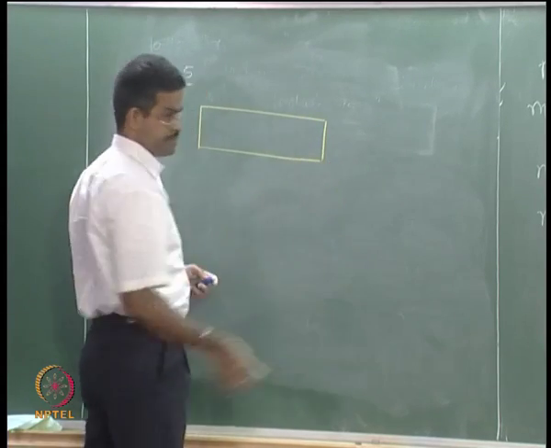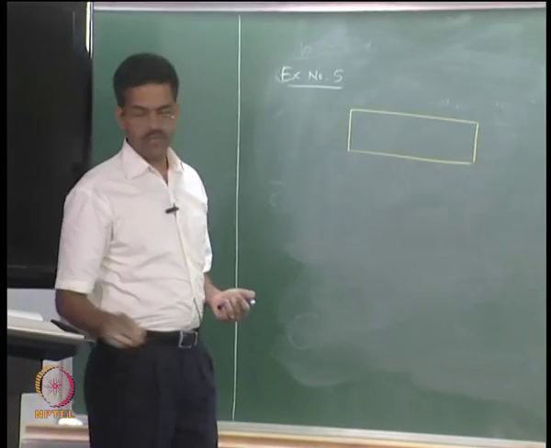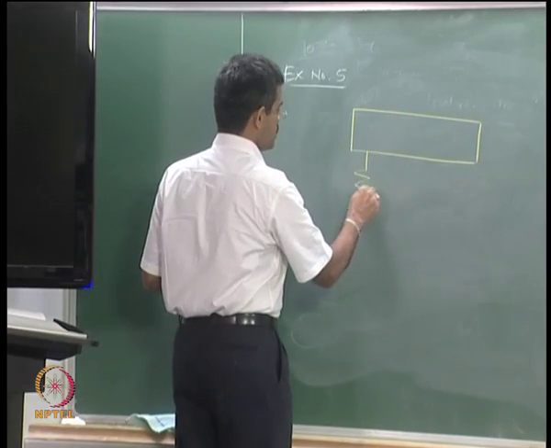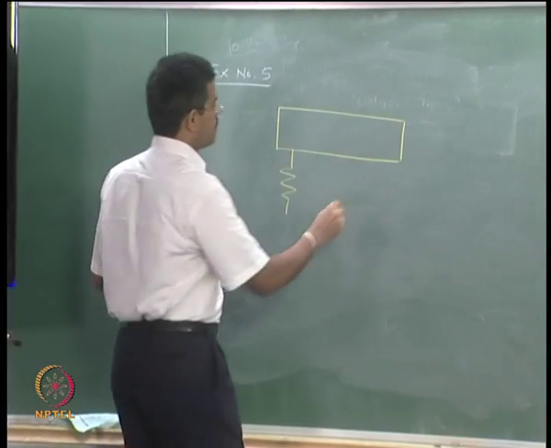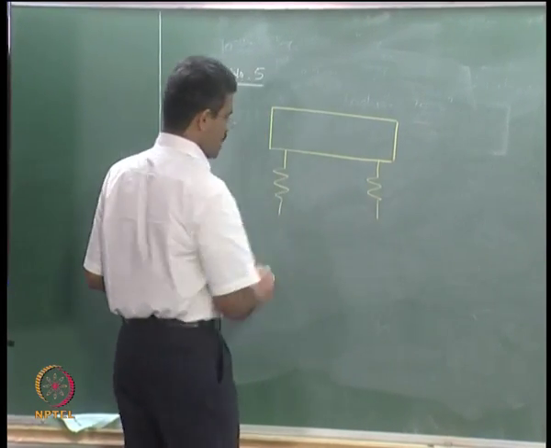I have a deck which rests on a system which is supported by springs. It is a very typical model. There can be practical applications of this model, I will come to that slightly later.